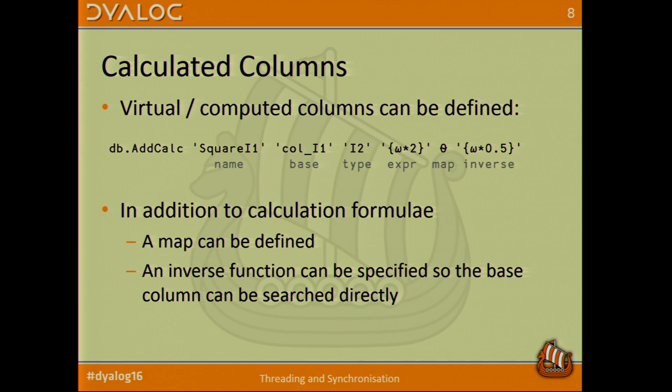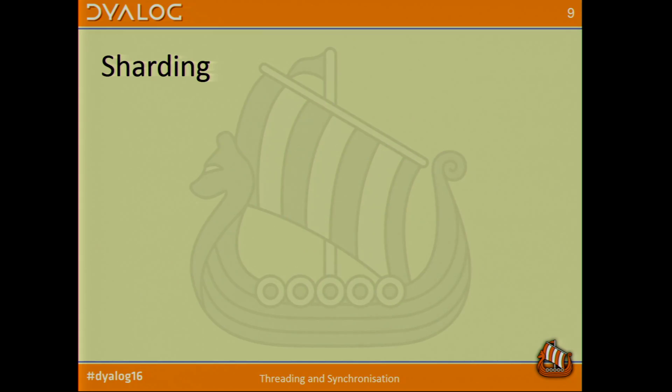And then if you like, you can provide an inverse function so that the search mechanism can take your input that you're searching for, run it through the inverse function, and then go in the database searching for that value, rather than reading all the values out of the database and converting them and then searching in that. So if you're really trying to make use of the memory mapping, you don't want to read all the data.